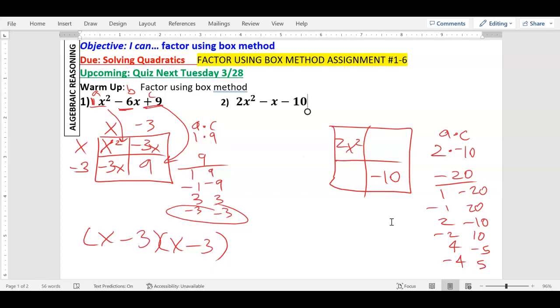Now, we're going to look at all these numbers and see which one adds up to make the middle. Now, what number is that? Negative. No number means 1. Does everyone know that? No number means 1 in front. Okay. So this is this B value. So again, this is A. This is C. This is my B at negative 1. Which one of these add up to make negative 1?